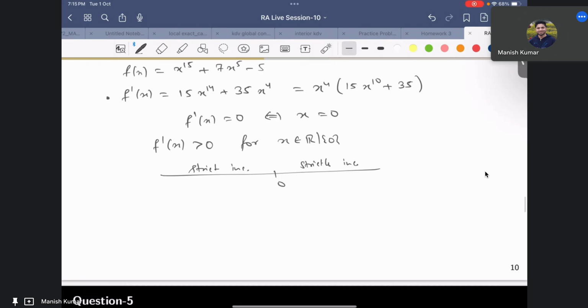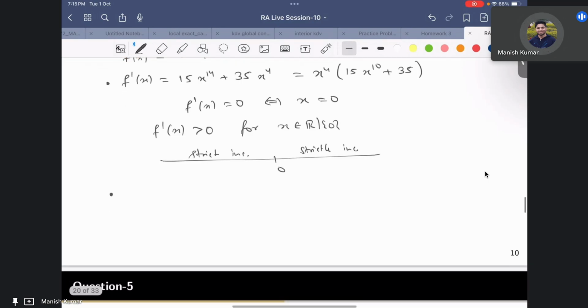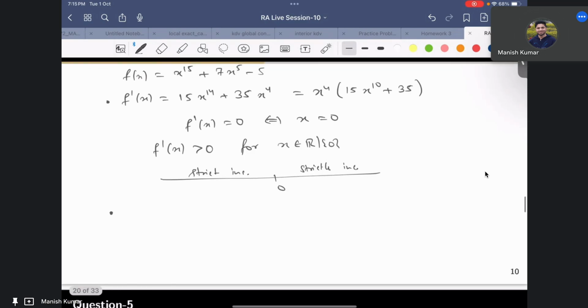Now how do we guarantee that 0 will be attained? For that you can see that f of 0 is going to be minus 5. This is less than 0. And if you look at f of, let's say, 2, then this is going to be 2^15 plus 7 times 2^5 minus 5.